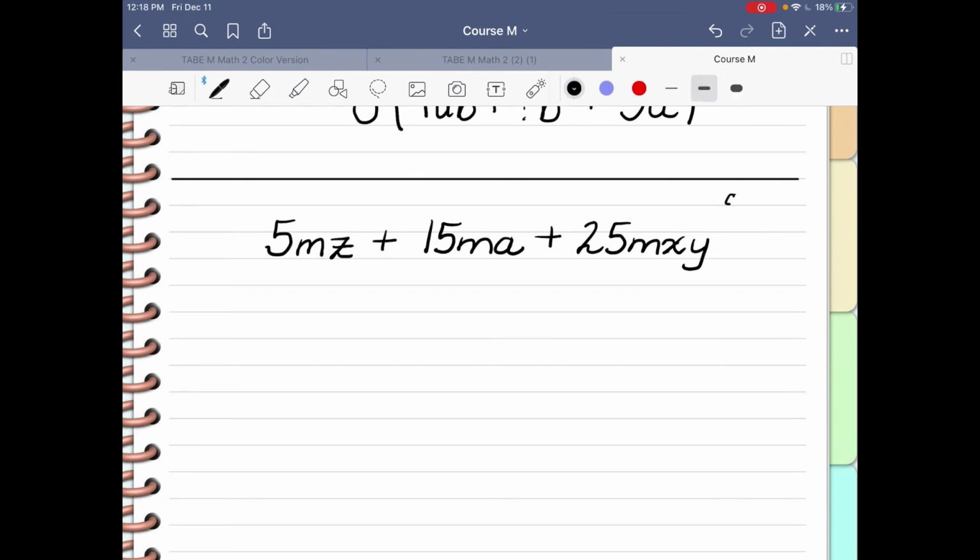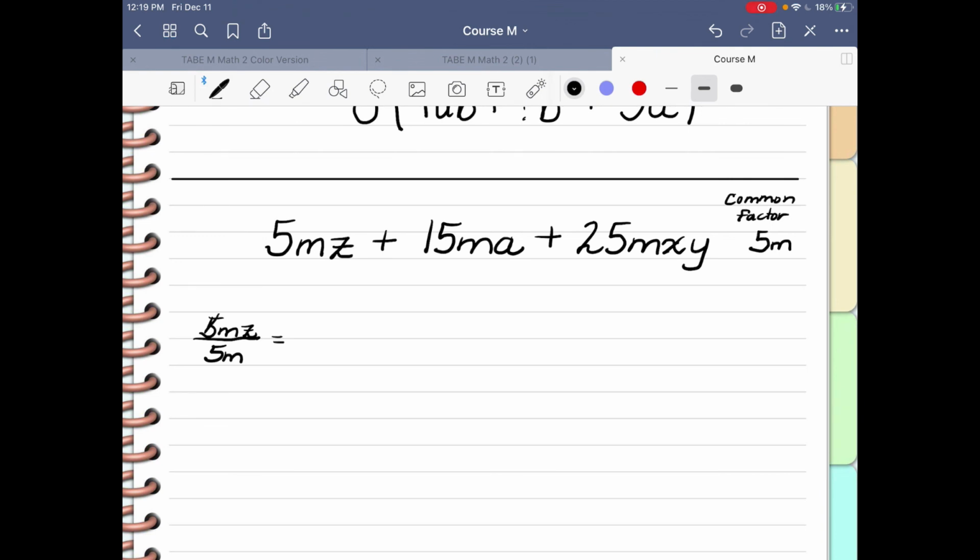So we need to ask ourselves, what is the common factor here? Well, all of them are divisible by 5, and they all have an m. So we can take out 5m from each term. So here is 5mz divided by 5m.